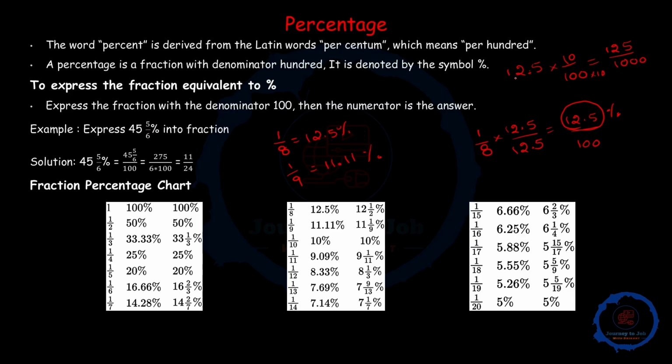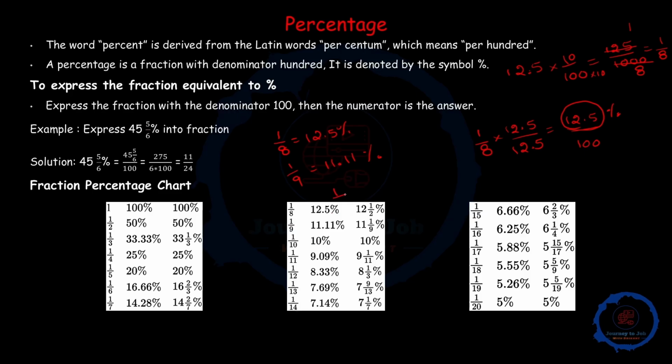So 12.5 into 10 means 125 by 1000. Now 125 ones are 125, 125 eights are 1000, direct. So this is equivalent to 1 by 8 fraction. So I explained how to convert fraction to percentage and percentage to fraction. These are all already existing values. Okay, you have to learn these by heart.